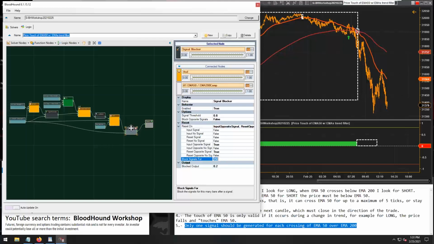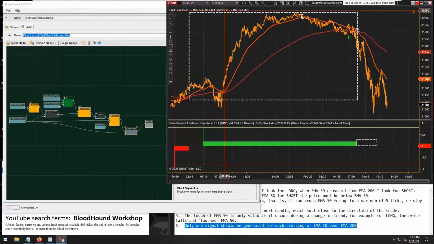So, if you're running this on a whole bunch of different charts, I don't know, maybe it becomes problematic. Probably not. Running this on a 5-minute chart or a 1-minute chart, again, that's not going to be problematic. But just for the sake of learning, right? You guys are all here to learn some new tips and tricks for BloodHound.